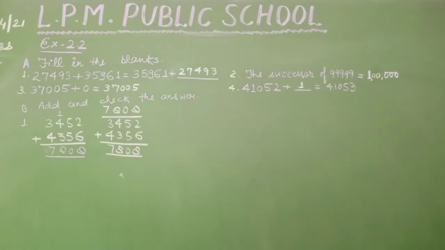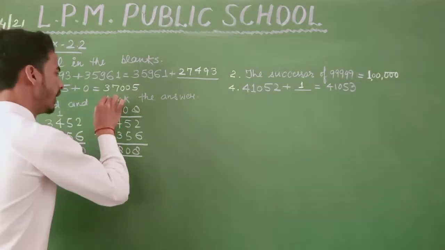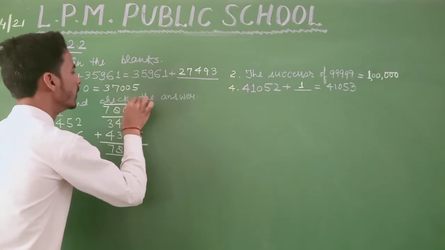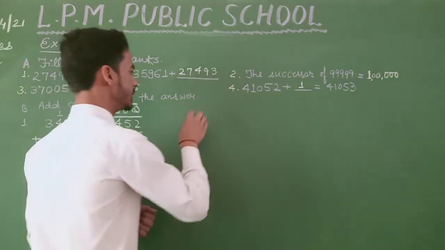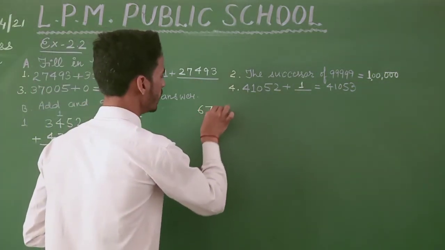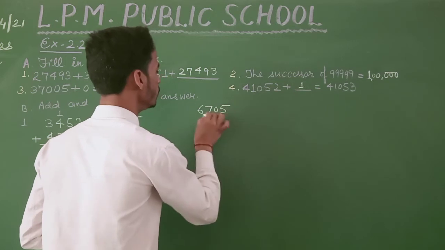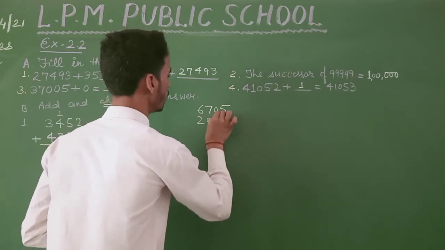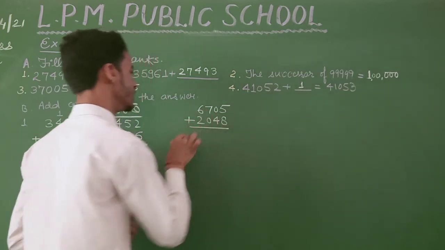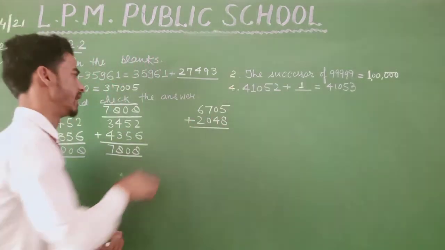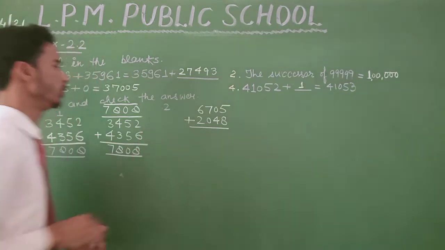Now let's solve the next question, that is 6,705 and 2,048. Let's solve it. This is question number 2 given in your book.